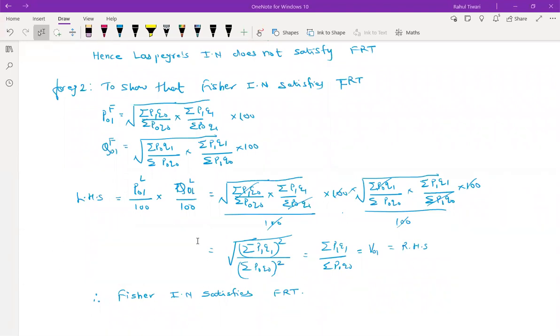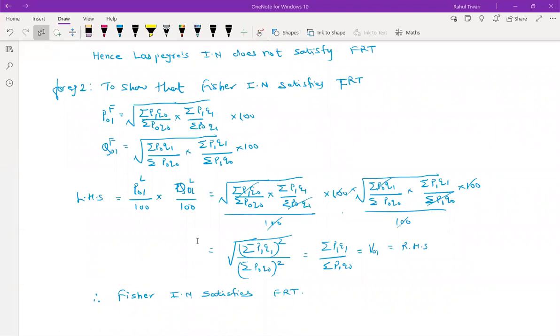So the next class, just tell me whether out of all 5 index numbers, standard index number, which of the index number satisfies TRT and FRT?